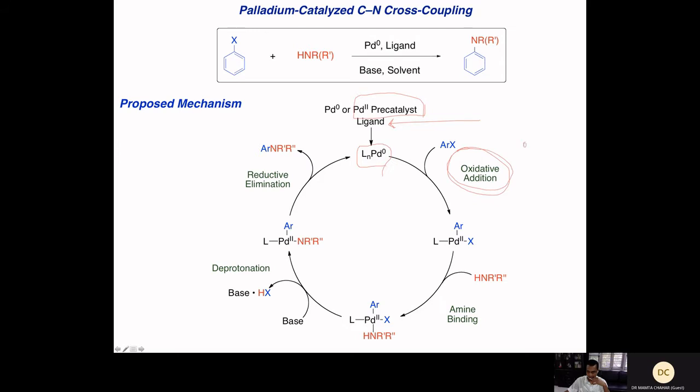The ligand has to be small as well as electron rich, because we are trying to incorporate metal inside the aryl X bond, right, over here. On the other hand, for reductive elimination, we need the ligand to be big as well as electron deficient. So remember, for oxidative addition the ligand is small and electron rich.